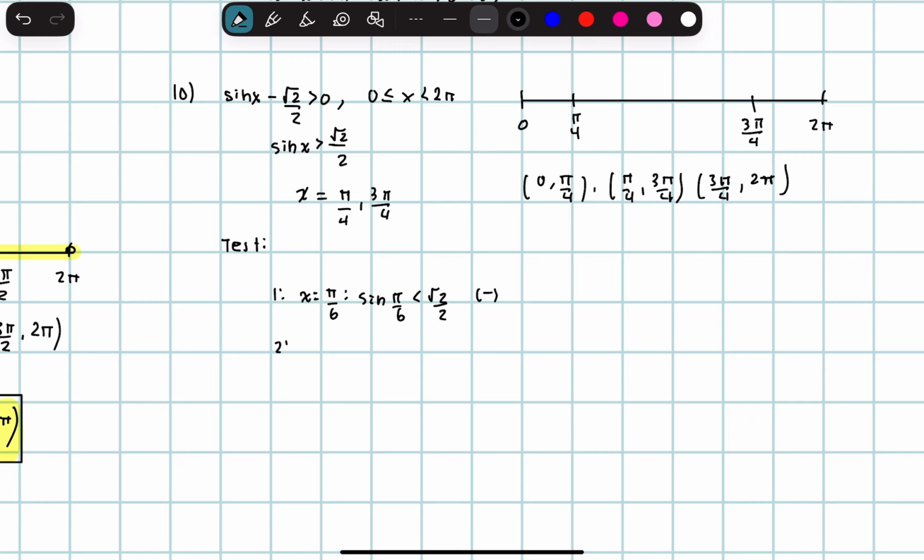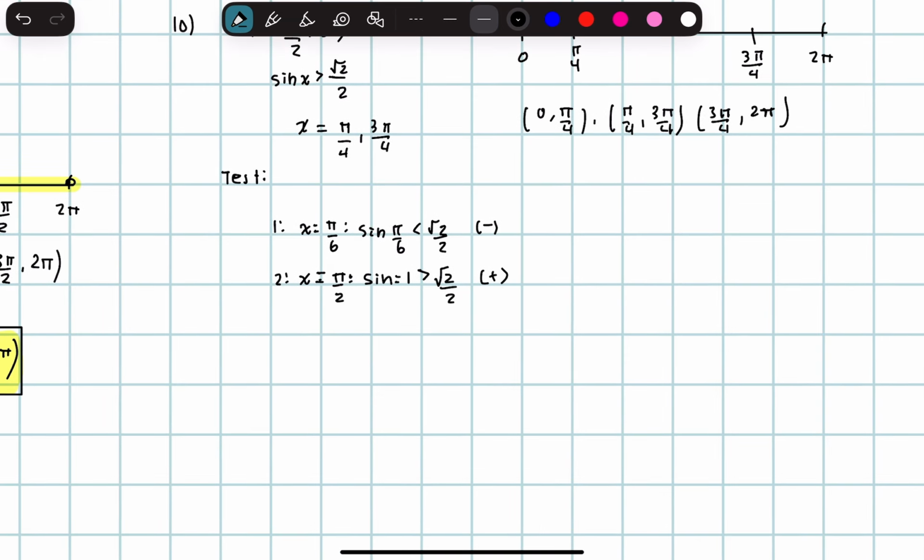For our second interval we can plug in pi over 2, and now we get sine equal to 1, which is of course greater than root 2 over 2, so that means it's positive. For our third interval we can write x is equal to pi, and sine of pi is less than root 2 over 2. It's going to be negative.